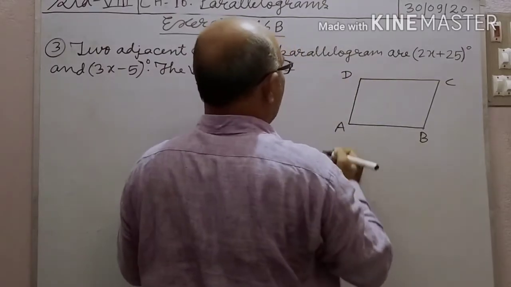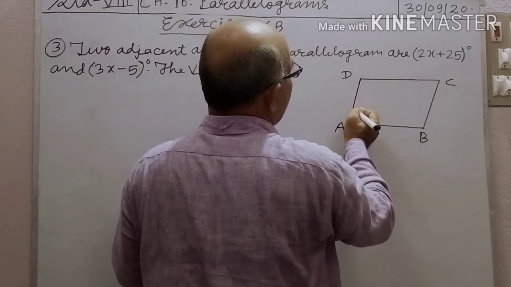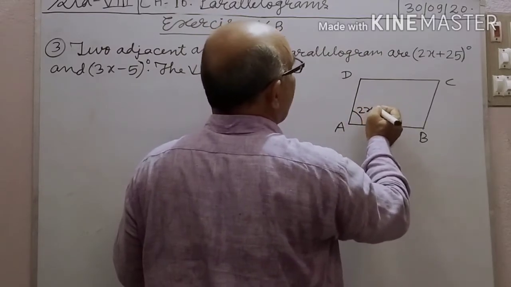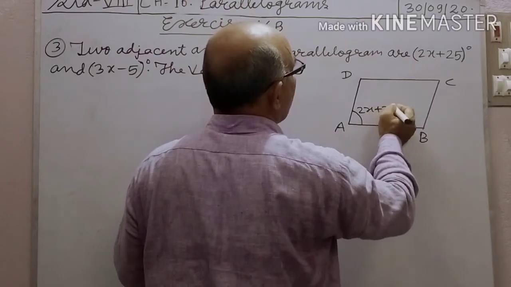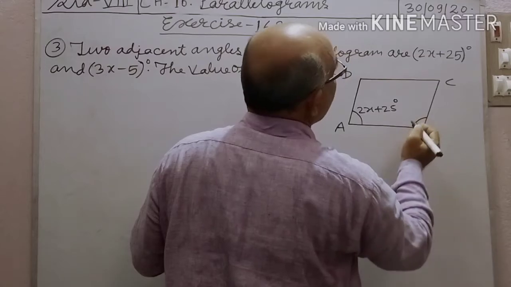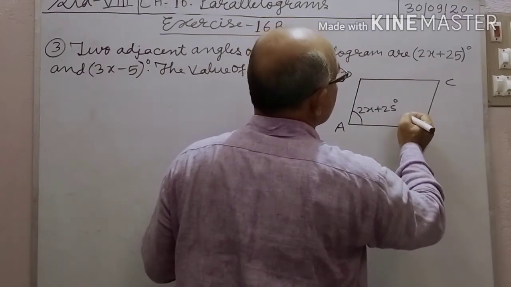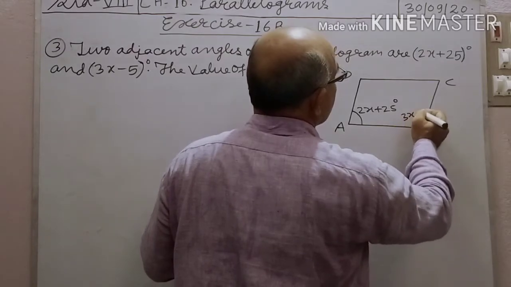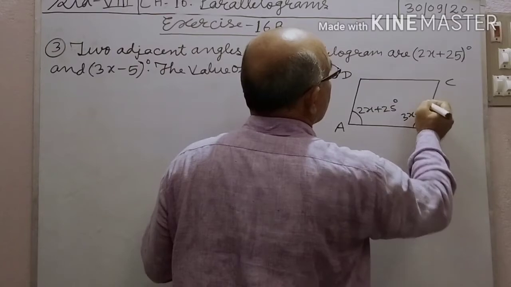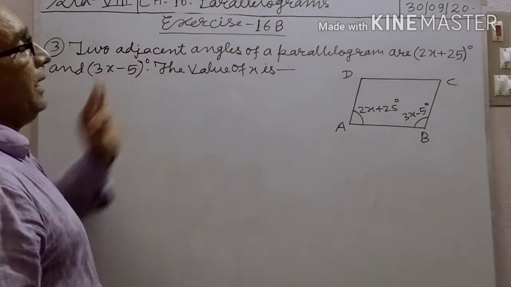In this parallelogram, angle A equal to 2x plus 25 degree and angle B equal to 3x minus 5 degree. The value of x.